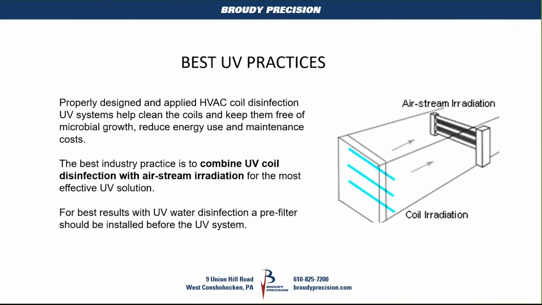That's another bank of UV lights after the coil, if you have the space. And you'll notice it's not perpendicular to the airflow. It is parallel to the airflow. Kind of important because it greatly increases the exposure of the light to the microbes.